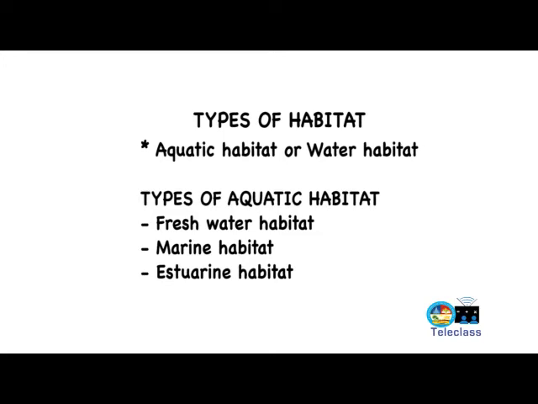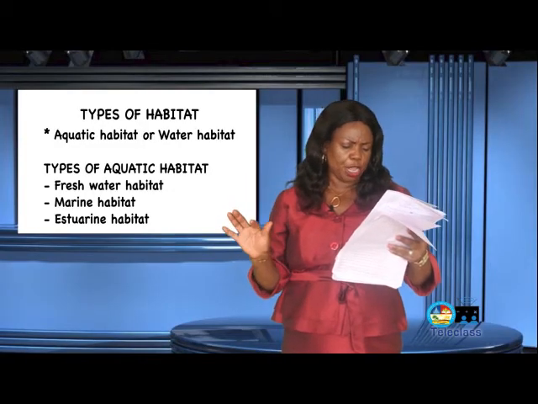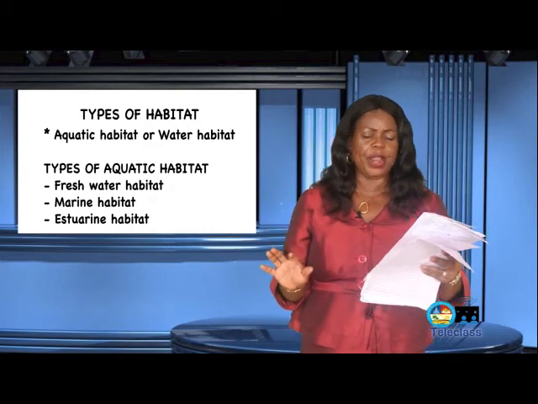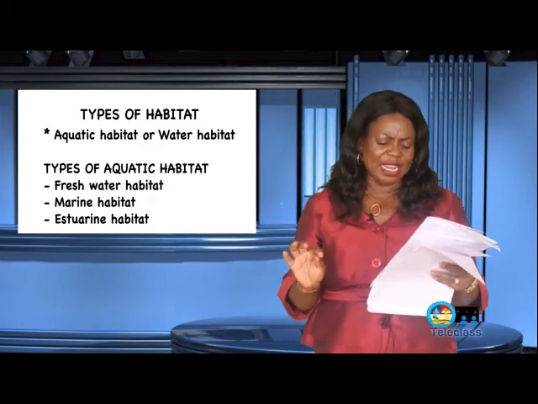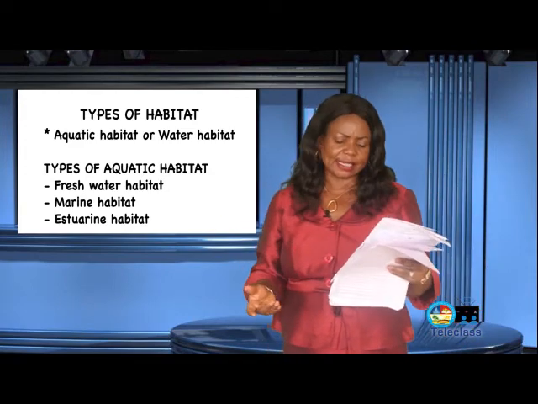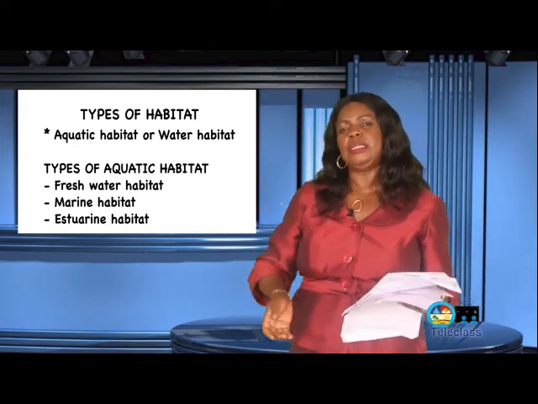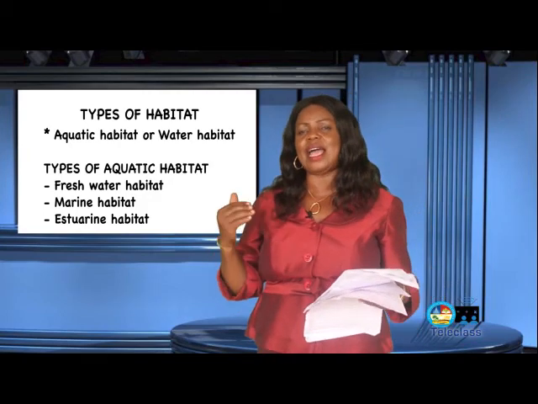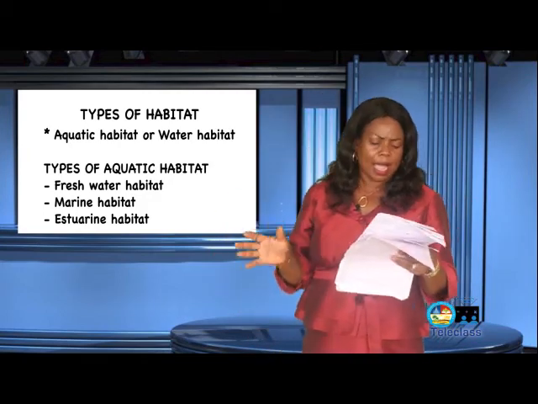Examples of freshwater habitat are the rivers, the streams, the pond, the spring. And the organisms that live there are, for example, crabs, water snail, and tadpole.